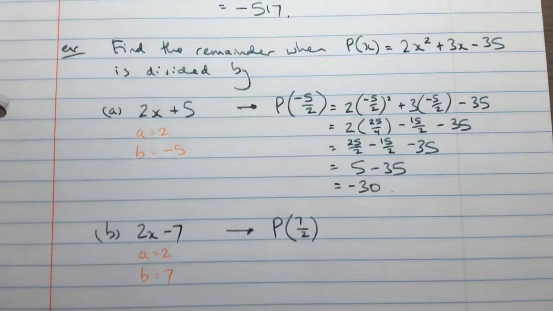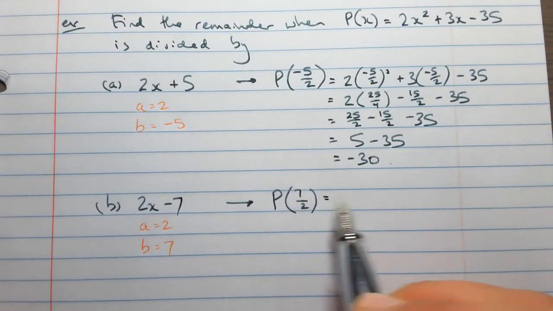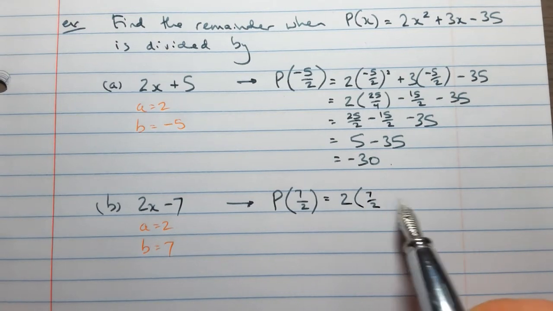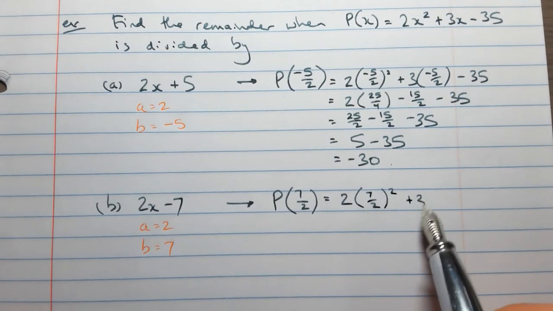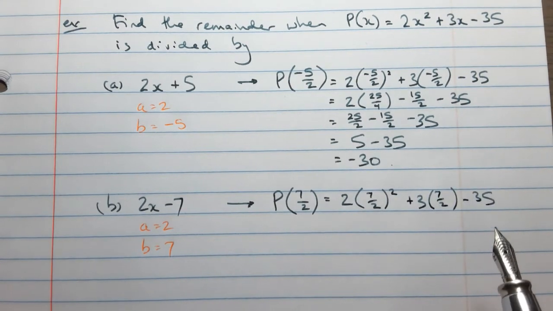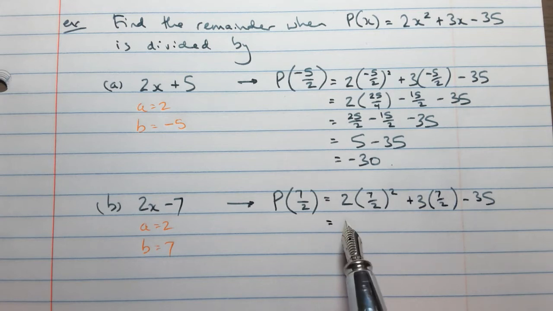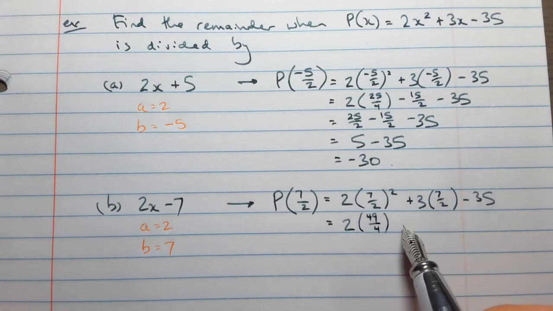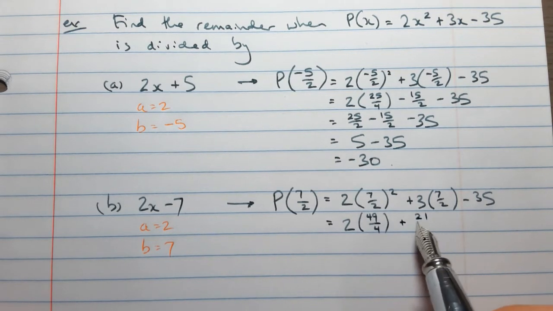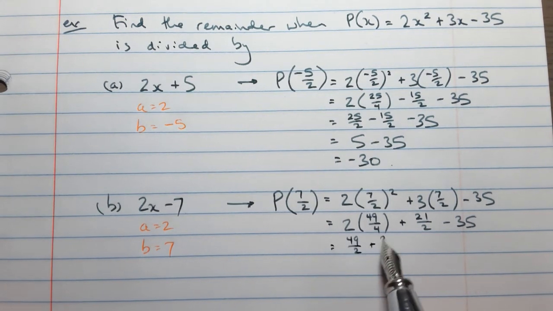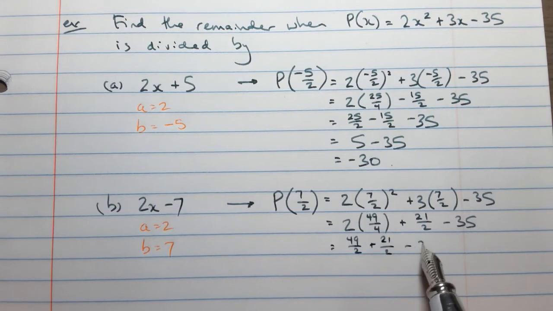So we have 7 halves, b over a. 2 times 7 halves squared plus 3 times 7 halves minus 35. Okay, that's 2 times 49 quarters plus 21 halves minus 35. Let's see, that's going to be 49 halves plus 21 halves minus 35.